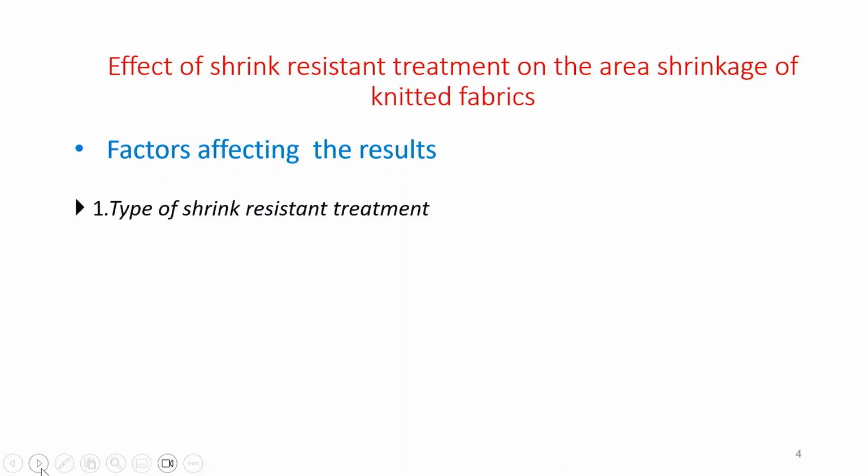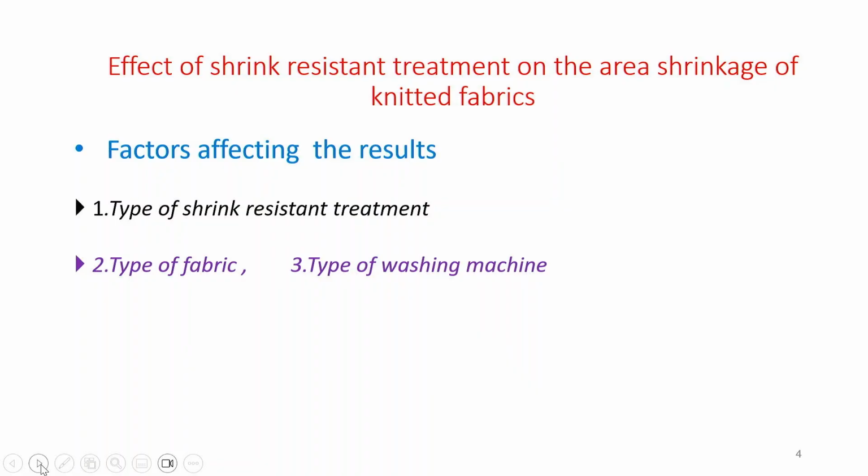Let us say the effect of shrink resistant treatment on the area shrinkage of knitted fabrics, or any fabric for that matter, knitted or woven. So factors affecting the results, if we classify them, first one is the type of shrink resistant treatment. What kind of treatment was given to the fabric? Whatever treatment or chemicals had been used, and the amount of those chemicals, that can affect the results.